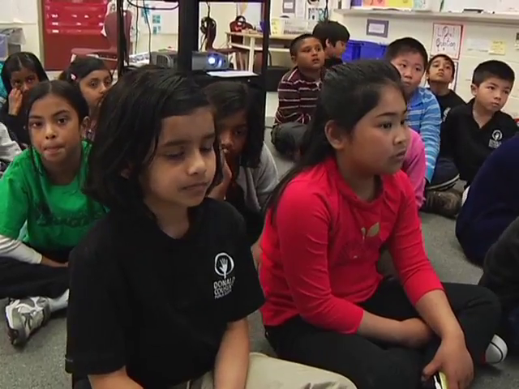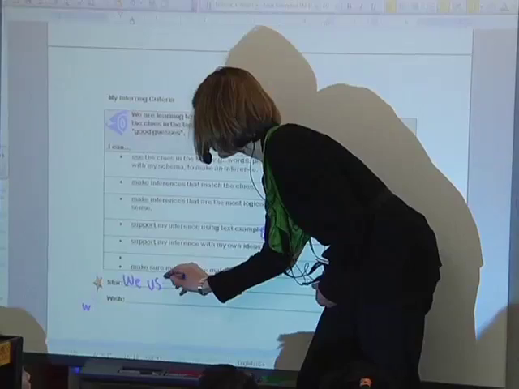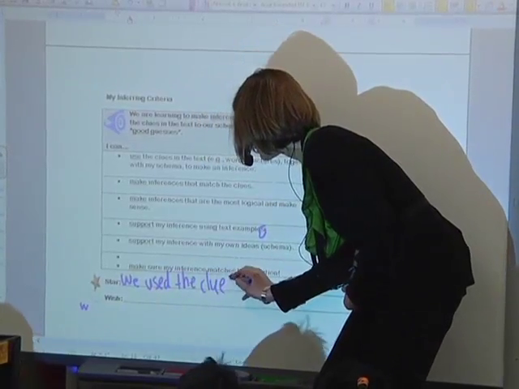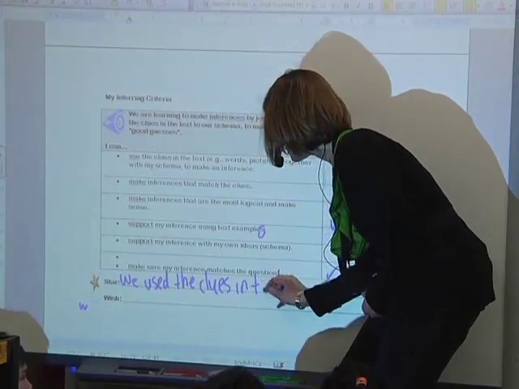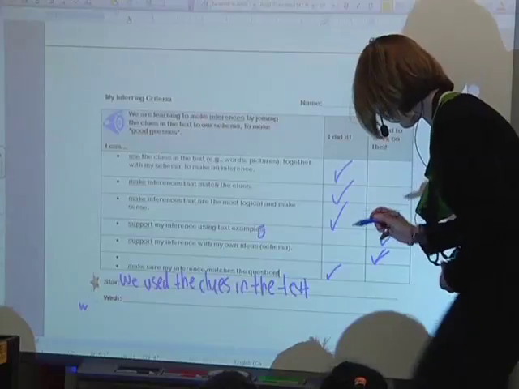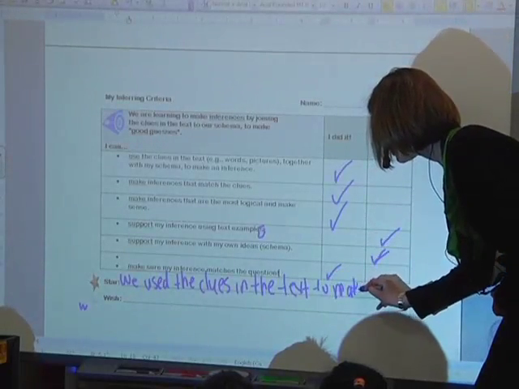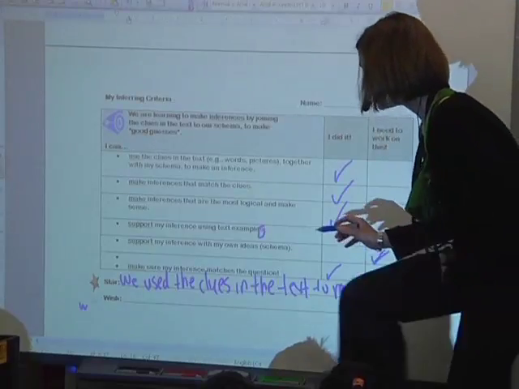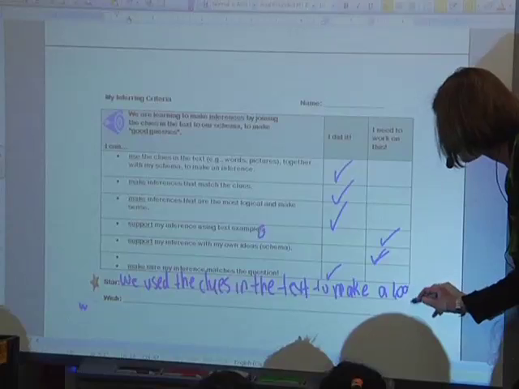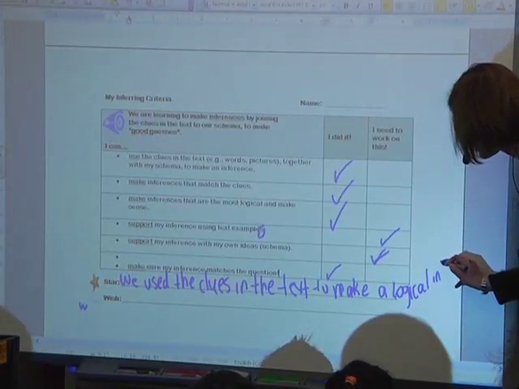Let's write that down. Ready? We used the clues in the text to make a logical inference.